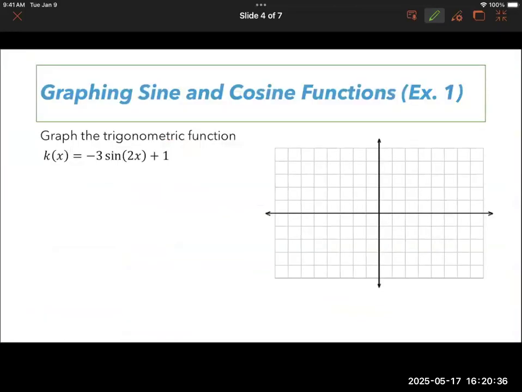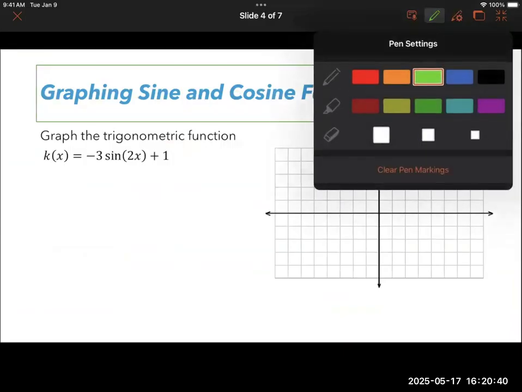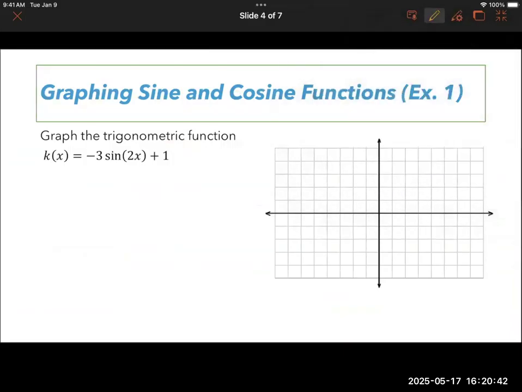All right, so let's see if we can put some of that into practice here. So we have this first example where we're asked to graph the trigonometric function k of x equals -3 sine of 2x plus 1. So one of the first things I would recommend doing is to identify which parent function we're talking about.